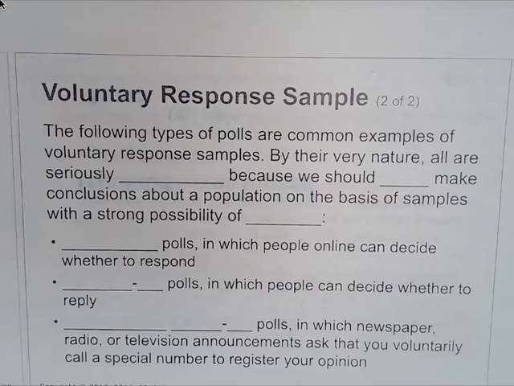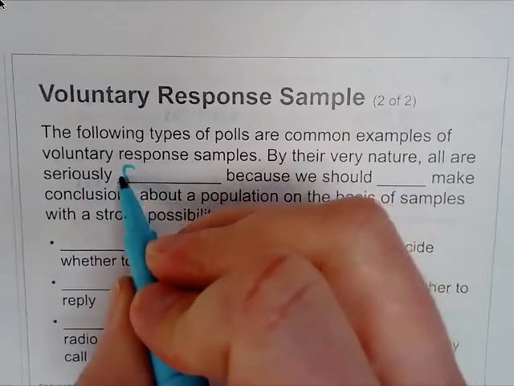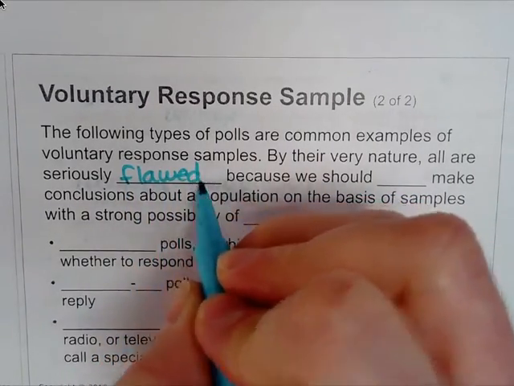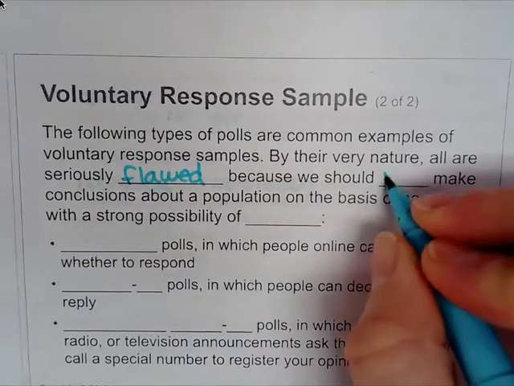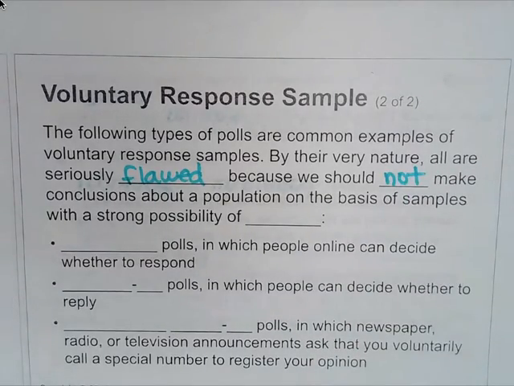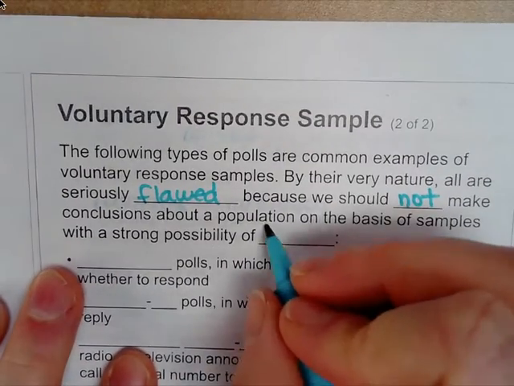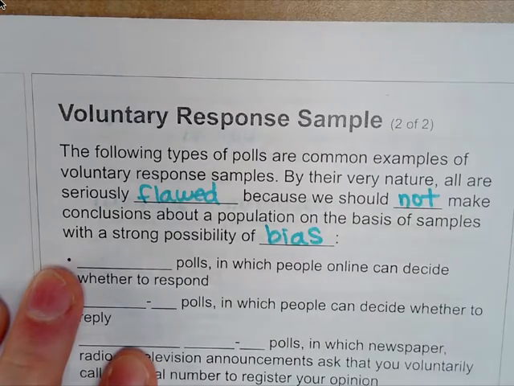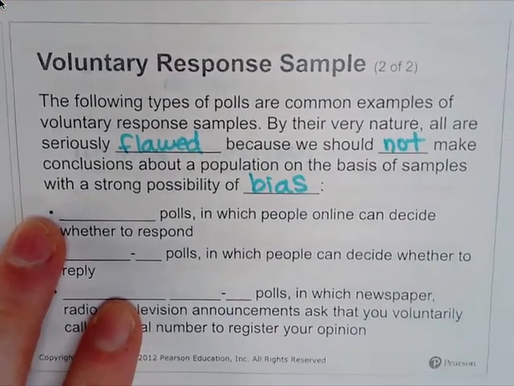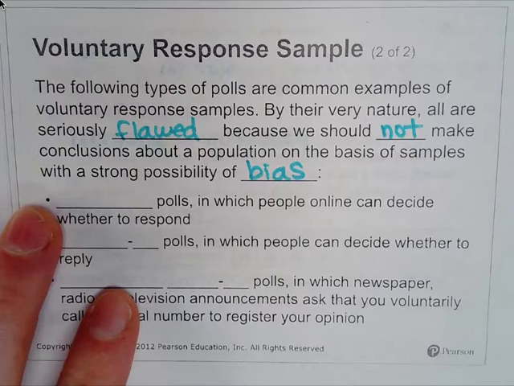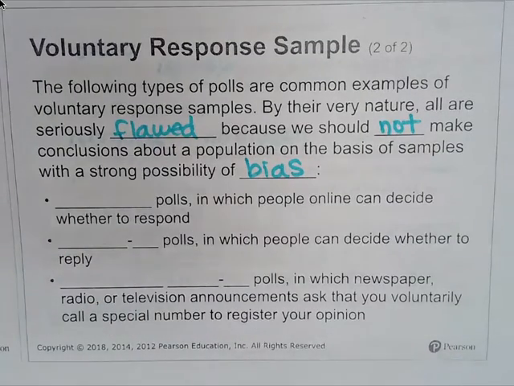By their very nature, all are seriously flawed because we should not make conclusions about a population based on samples with strong possibility of bias. So if we don't have good data, we can't report and say, okay, this needs to happen because of our data. It's just biased information.